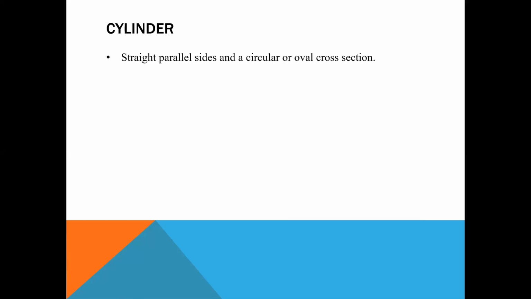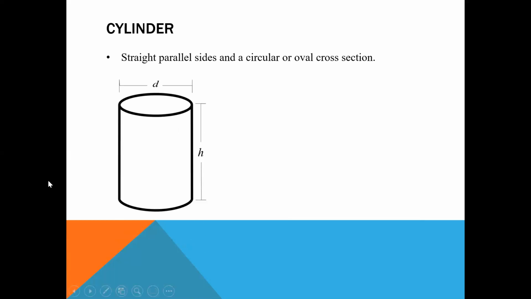Now, what is a cylinder? It has straight parallel sides and a circular or oval cross section. Now, the key words here are parallel and oval or circular. Let's have a look at what parallel means. You see, this is a straight line.